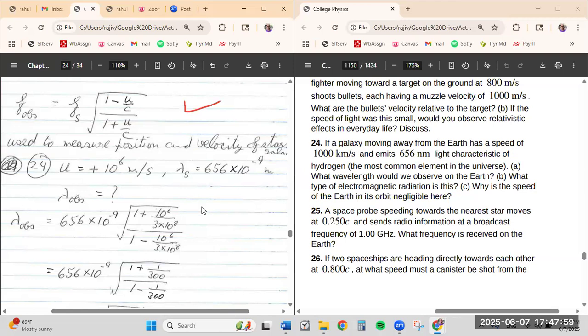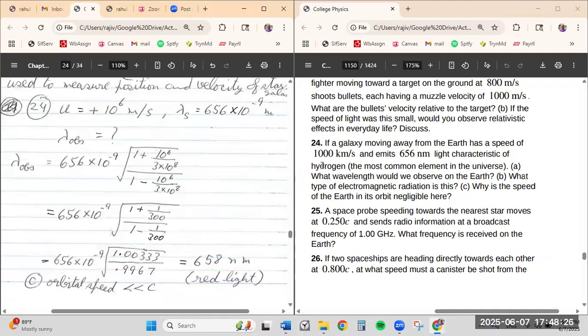And when you say that the emitted light is 656 nanometers, presumably that's what you would measure if you were at rest with respect to the source. So lambda s is 656 times 10 to the negative 9. Nano is negative 9. And then we have to figure out what wavelength would be observed on Earth. So lambda observed is what we are looking for.